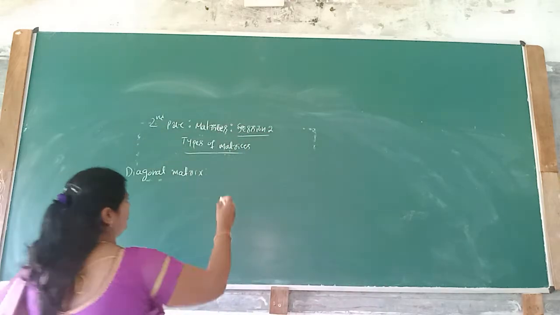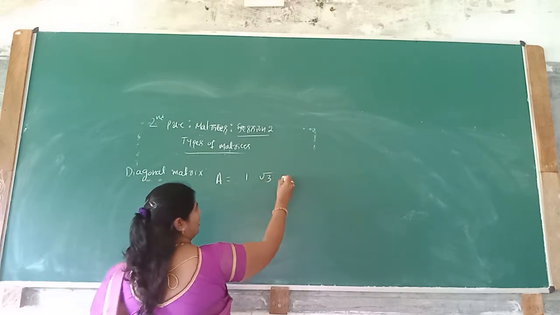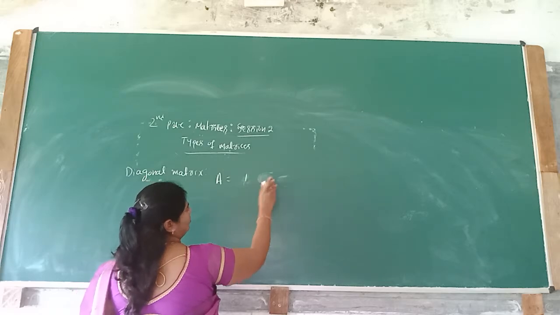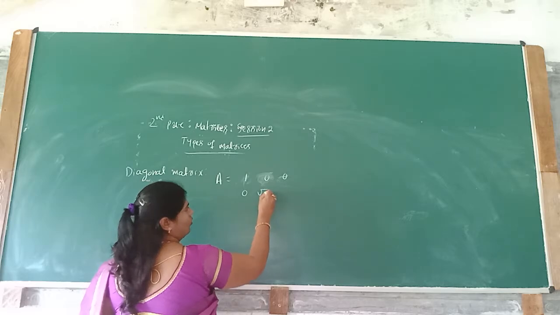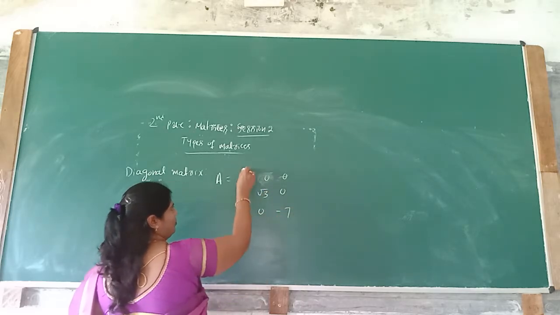For example, A is equal to 1, 0, 0, 0, root 3, 0, 0, 0, minus 7.